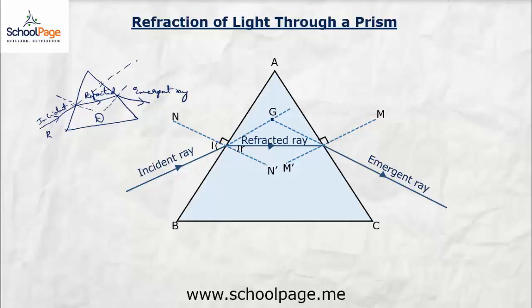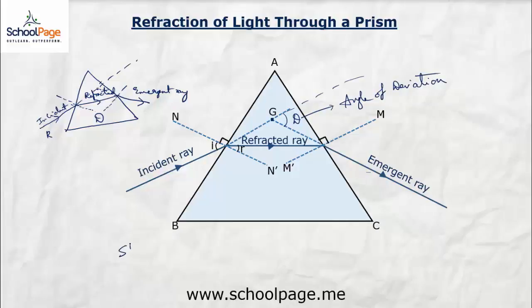The incident ray is supposed to go in this direction. Because of the presence of the prism, the ray of light deviates and goes in this direction. So if we retrace this ray, it meets at a point here. The angle formed between the incident ray and the emergent ray is called the angle of deviation. So this is called the angle of deviation.